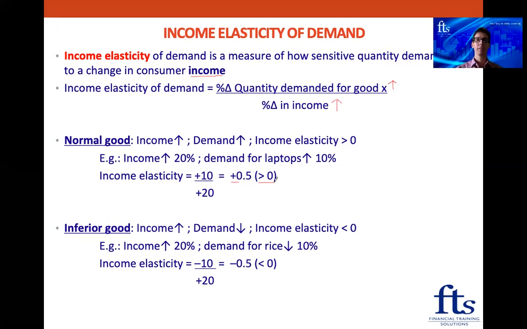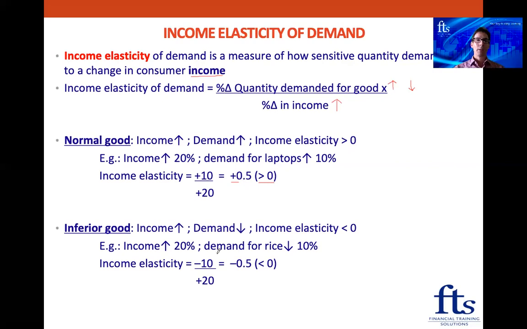Right, but let's look at the inferior good. Look what happens now with the inferior good. Income goes up, but demand for the thing goes down. Okay, so demand is now going down when income goes up. So the income elasticity is now negative. So let's see the example and we'll see why. So we stick with income going up 20%.